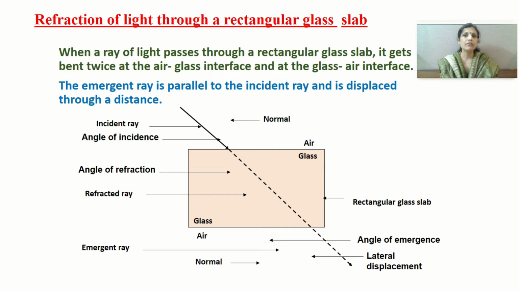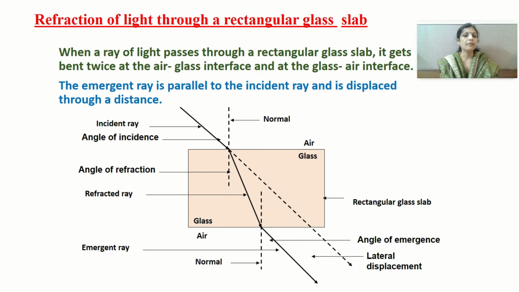So light is traveling from rarer to denser medium, so it will bend towards the normal. Now at the glass-air interface, light is traveling from denser to rarer medium, so it will bend away from the normal. These are the two normals. This is the first normal, this is the second normal at the glass-air interface, and the first normal is at the air-glass interface.